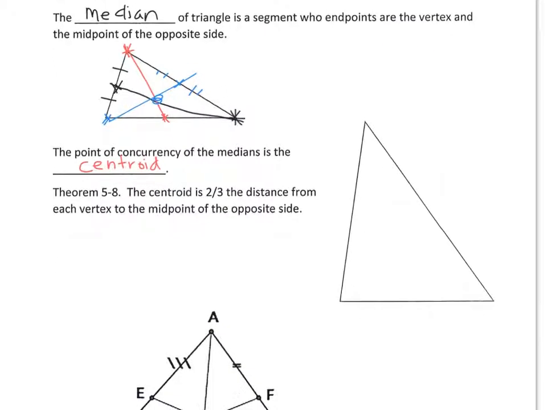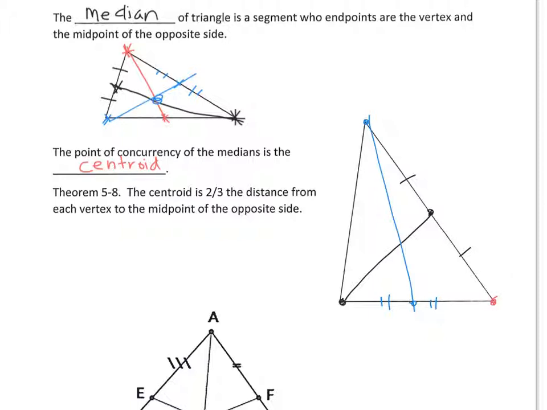So up here, Theorem 5.8 reads: the centroid is 2/3 the distance from each vertex to the midpoint of the opposite side. So again, I'm going to draw out the centroid. This is a midpoint, connect it. This is a midpoint down here, connect it.